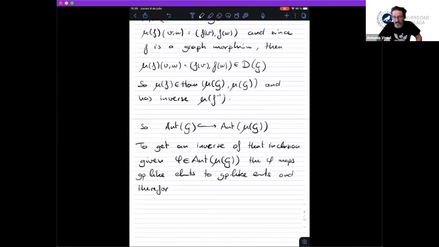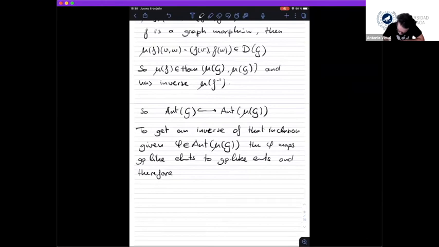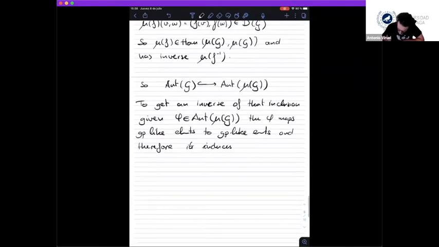well, the only group-like elements are the vertices of the graph. So, and therefore, it induces some f from V to V given by v to c(v), right?